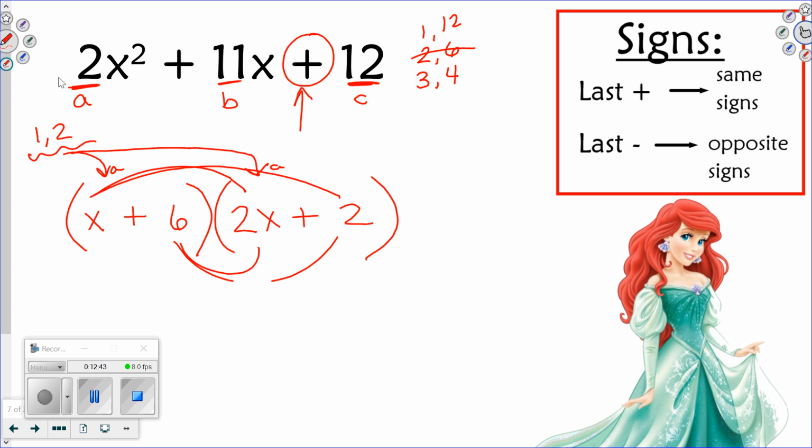This original problem, is there a GCF in it? There's nothing that goes into 2, 11, and 12, right? So should I have a GCF sitting in one of these? I should not. If there's no GCF here, which there never should be because you should take it out if there is one, okay? So there shouldn't be a GCF sitting here.